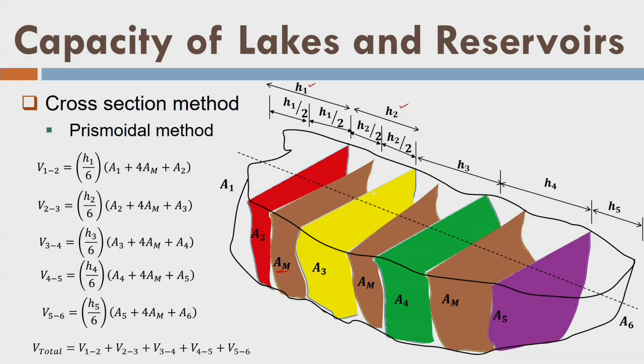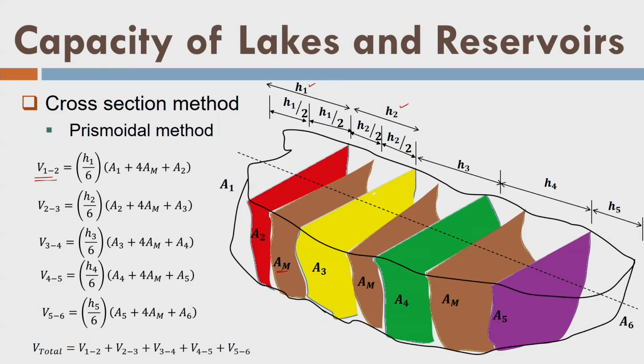Okay. So, remember we wrote one formula L by 6 where L was equal to 2 times H. Here you can see that H1 itself is equal to 2H. Why? Because I am using A1, then I am using A2, and then I am estimating the middle area between these two sections, A1 and A2, and that is why my H1 is divided into two parts, H1 by 2 and H1 by 2.